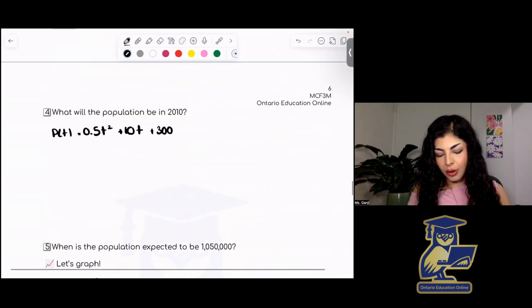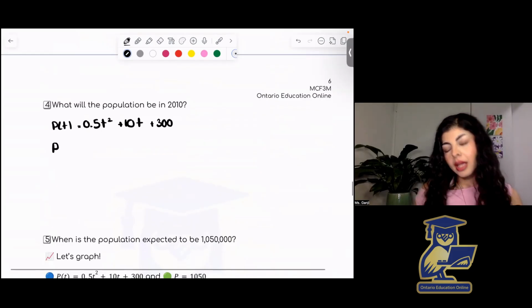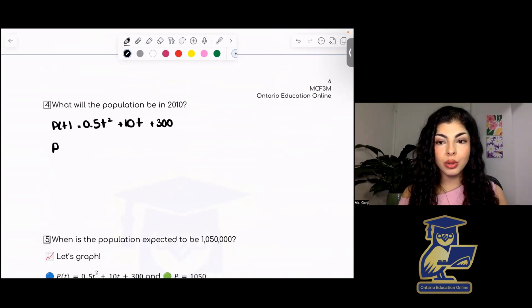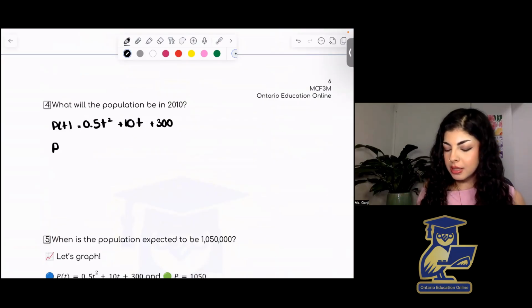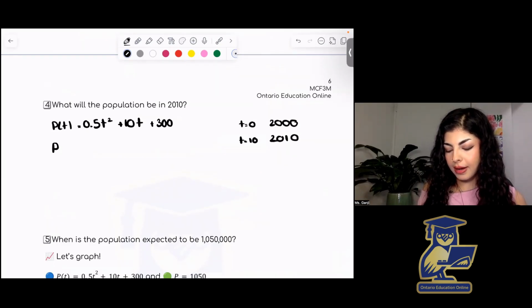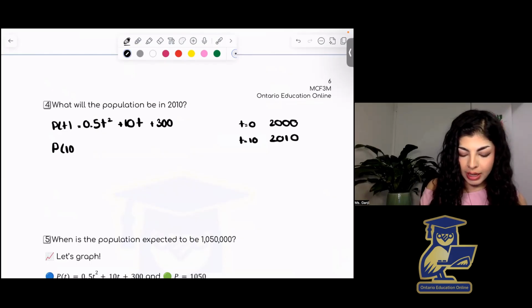Okay, so here now, 2010 is 10 years after the year 2000. So if t equals 0 is 2000, then the year 2010 is t equals 10. And so we're actually finding P of 10.